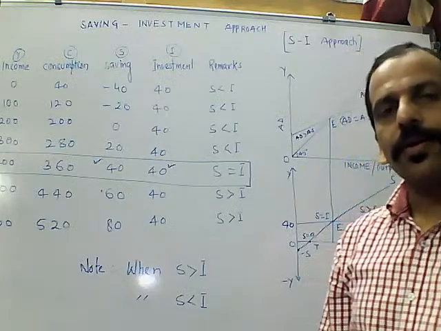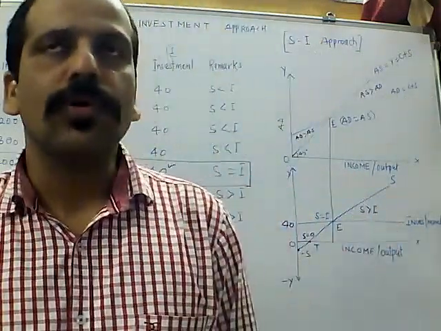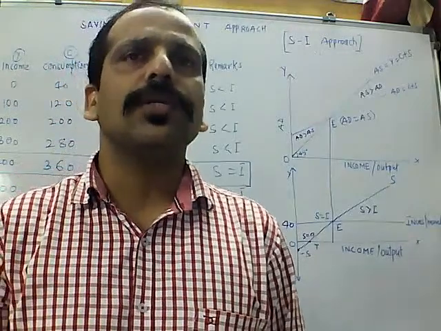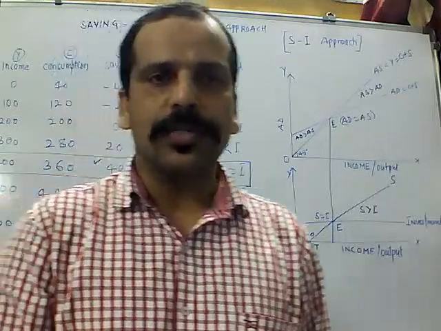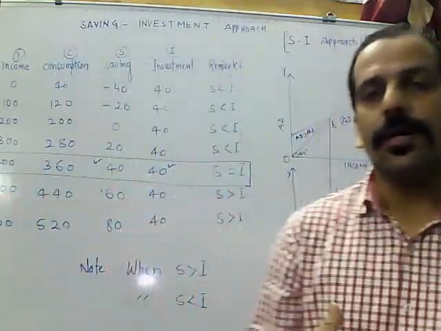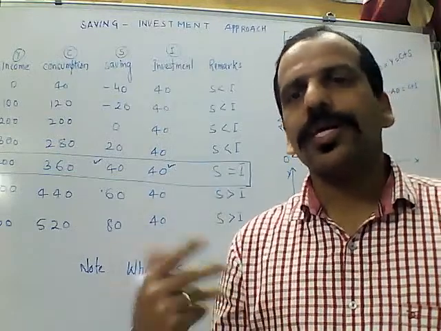Why are the savings less? Because people are spending more. You can take the example of any commodity, consumable, non-consumable or durable item.